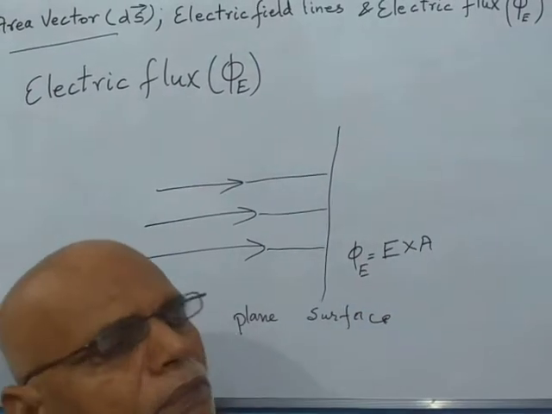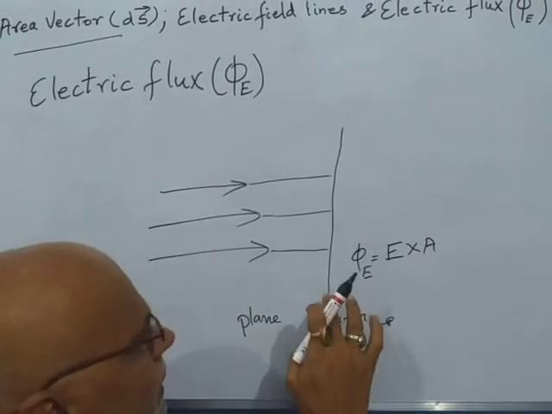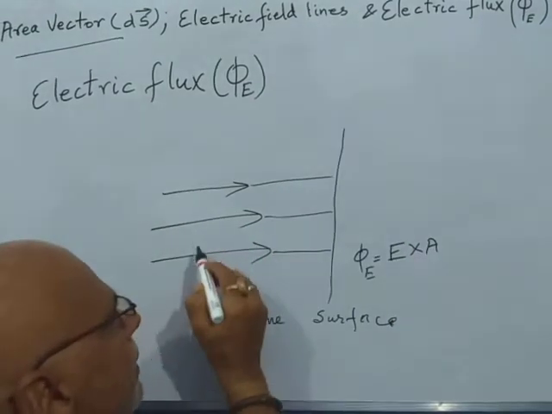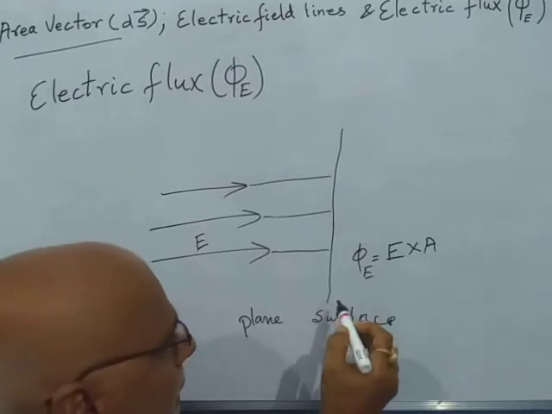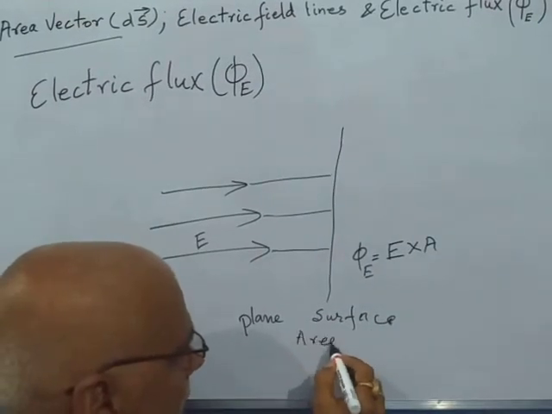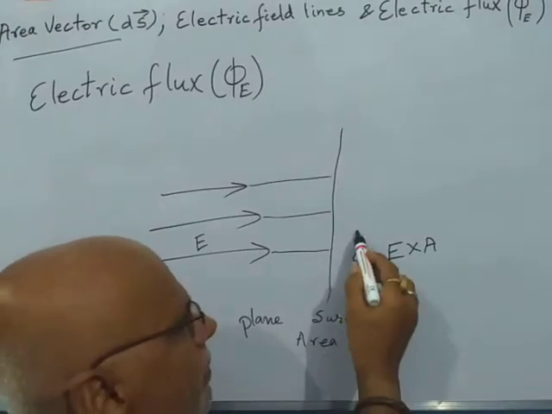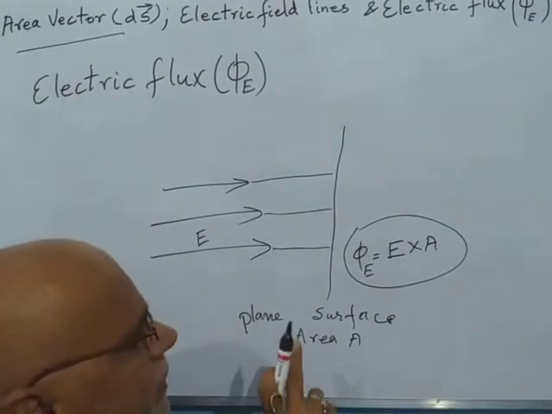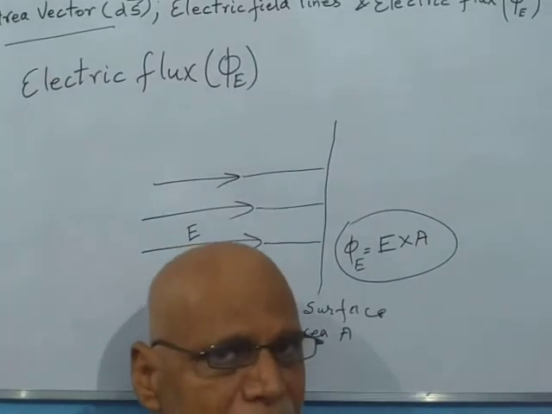This will be the maximum electric field lines passing through a surface when the surface is held perpendicular to the electric field E, and the area of the surface is taken to be A. Then this will be the total electric flux, total electric field lines, because we have already discussed electric field lines.